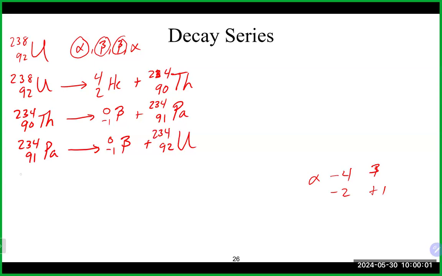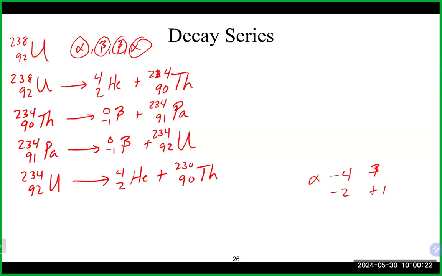And lastly, here we would go 234, 92, and it will go through our last decay process here in our very short little series just to demonstrate how we could get to everybody. We would have our alpha particle here. That's going to take us to 90, which takes us to Th. And up on top, we would have a 230.